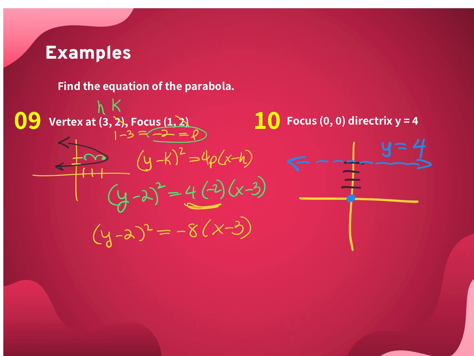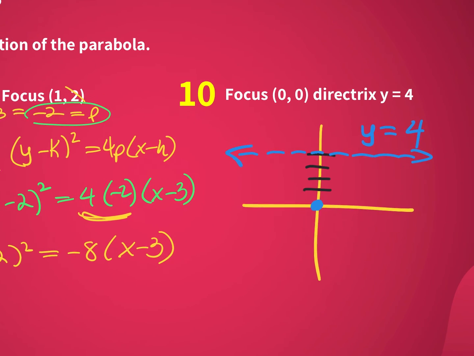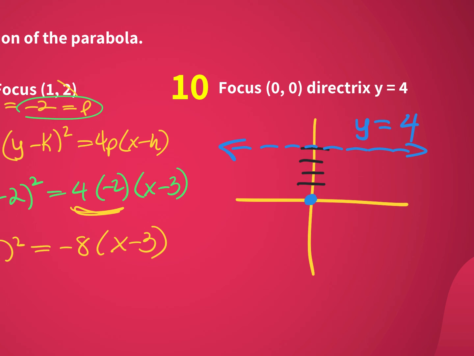Now, remember, the distance is the same between the vertex and the focus and the vertex and the directrix. So really what I need to do is find the middle of the directrix and the focus, and that's where my vertex is located. I can either turn this into an ordered pair and do the midpoint formula, but again, I've got a graph here, so I can see that it's right here, 2 spaces here, 2 spaces here.